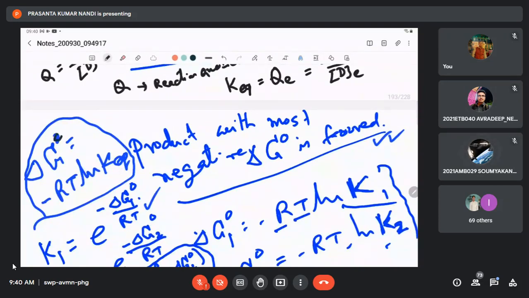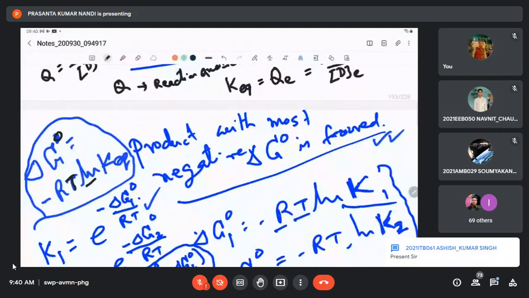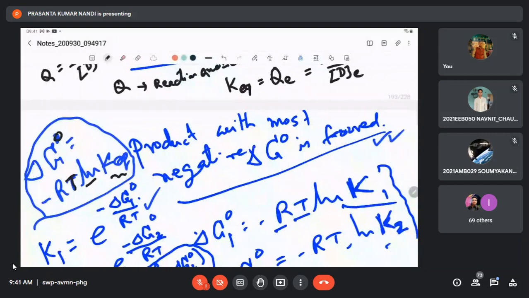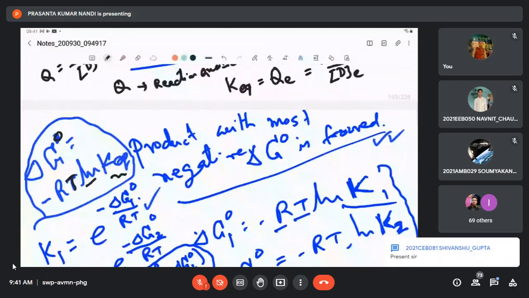Yes, sir. So that I have written. Here R is the universal gas constant, T is the temperature in Kelvin, ln is the natural logarithm, and K is the equilibrium constant. This is the standard free energy change of the reaction, directly related to the equilibrium constant at a given temperature.